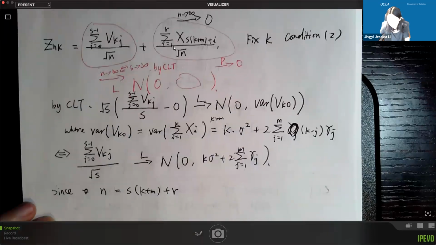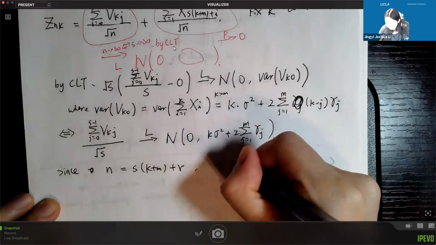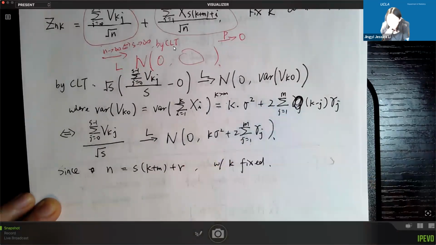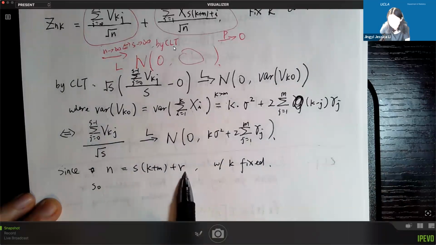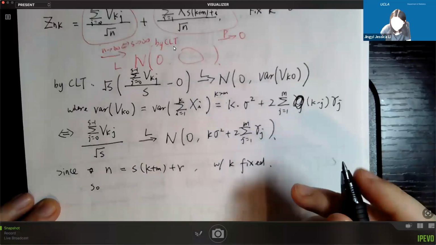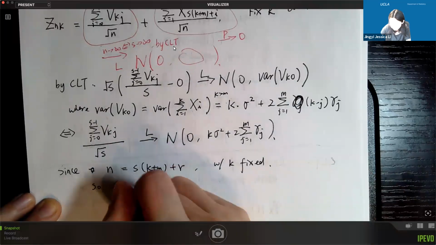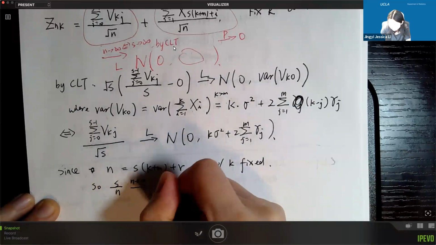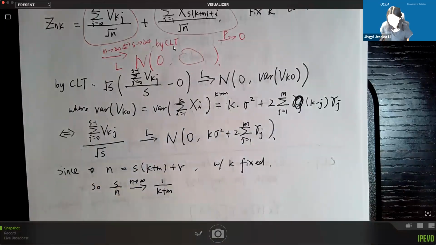With k fixed, when n goes to infinity, s will go to infinity, and the remainder no longer matters. So s over n will converge, as n goes to infinity, to 1 over k plus m.